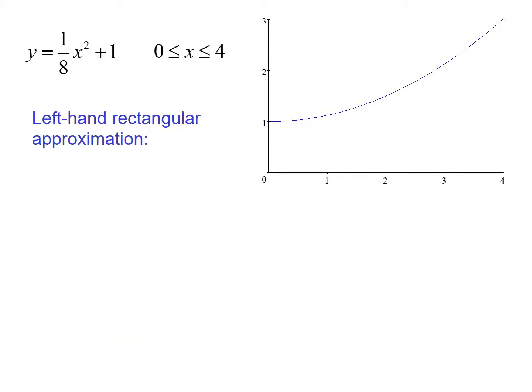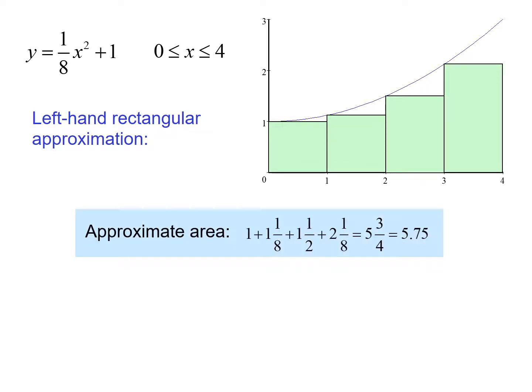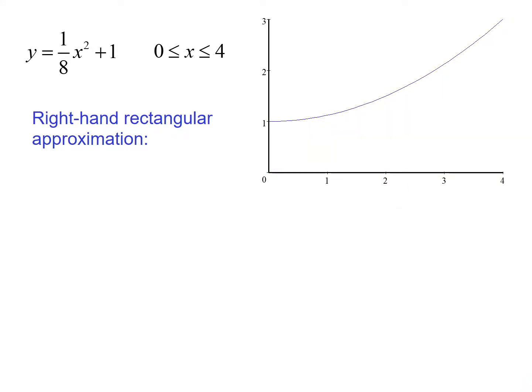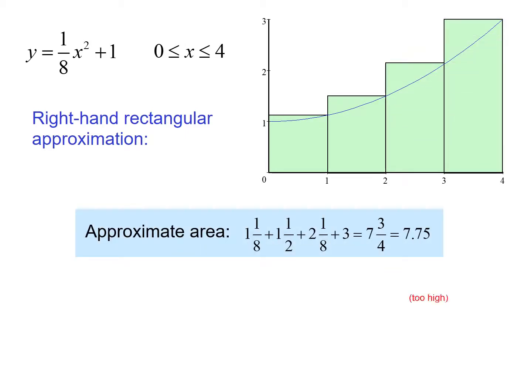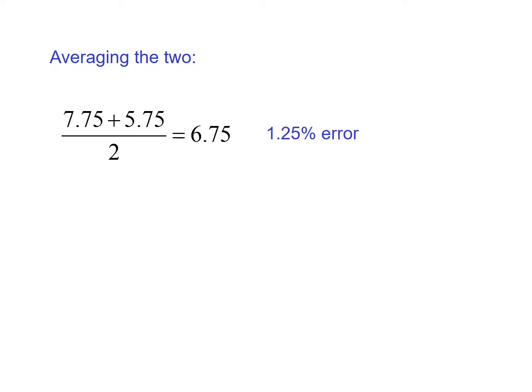If we had approximated this using left-hand sums, we could find the heights of each of those rectangles at their left-hand corner, add them all together, and we get 5.75, which is a lower approximation. If we use right-hand sums, this will give us an upper approximation. If we average the two together, that gives us an even better approximation, 6.75, which is pretty close to our 6.6 repeating.